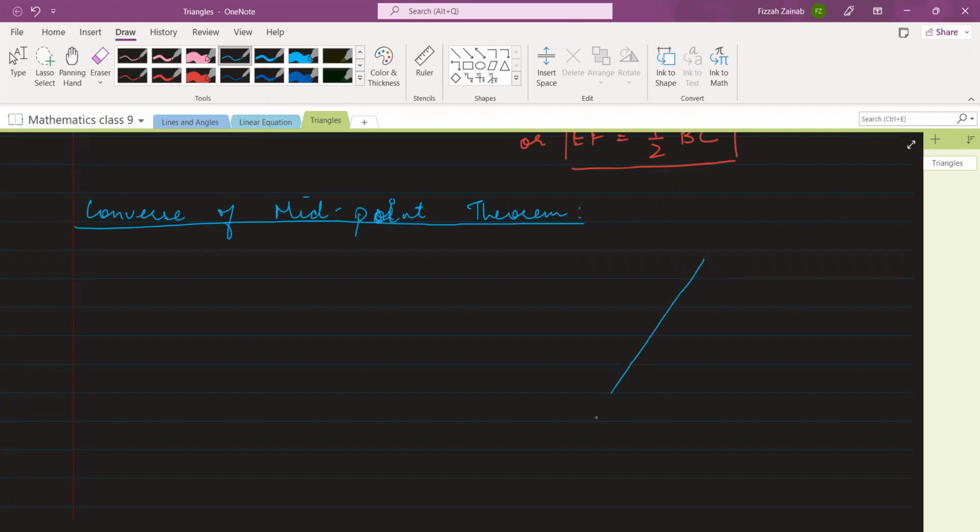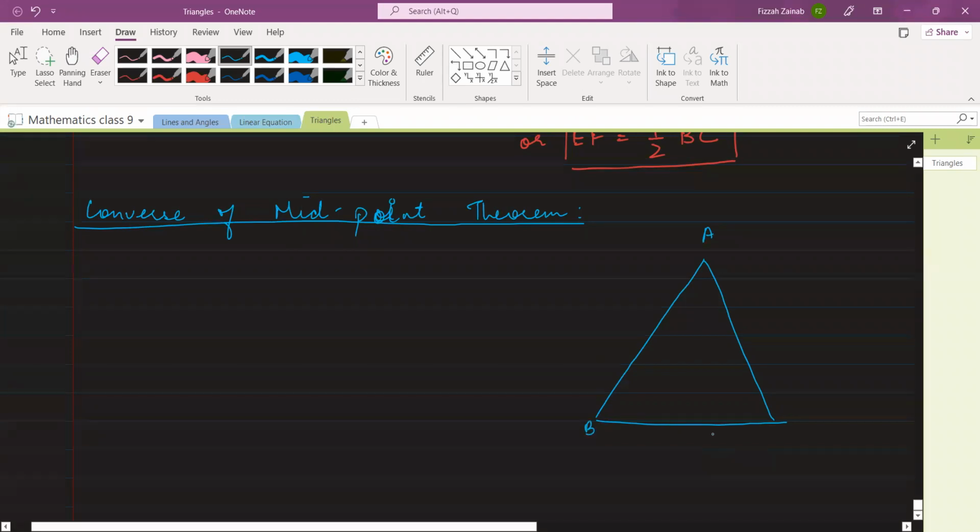So again, if I draw a triangle, now the converse proof will not come in the exam. You just have to understand the meaning of the converse. That's it. Theorem proof, I think it will not come this year. You can leave the proof. I just wanted to show you how I get it. Otherwise, understanding of the theorem is important here. Is that clear? Yes, ma'am. Okay.